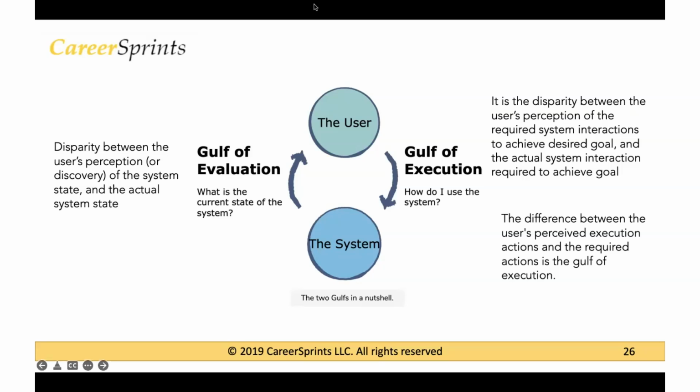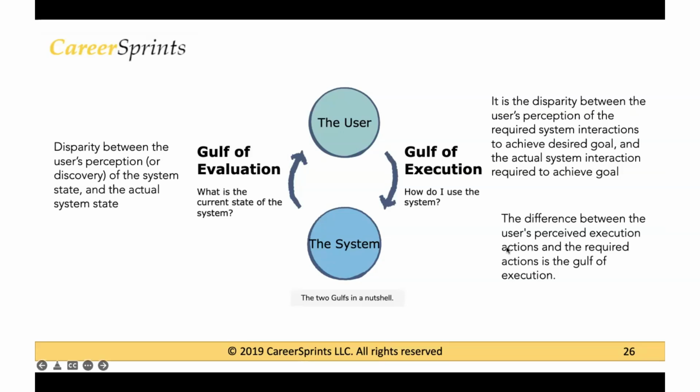So this is called the gulf of evaluation. Basically, the user is trying to understand the current state of the system, and the current state of the system could be different from what the user was expecting it to do. So you press the button expecting it to take you to the next page, but that does not happen, or something unexpected happens. So that is the gulf of evaluation.